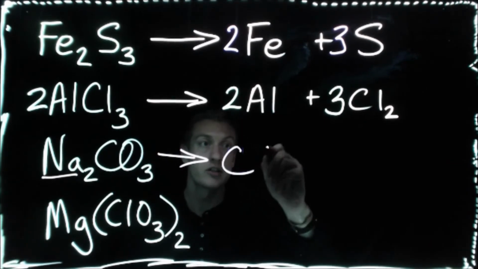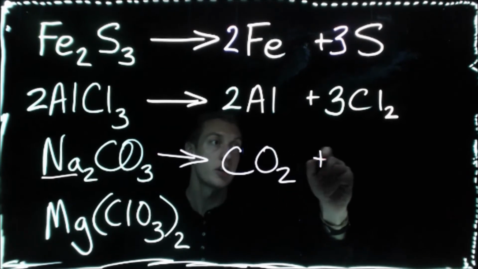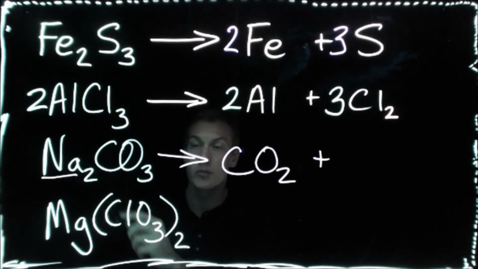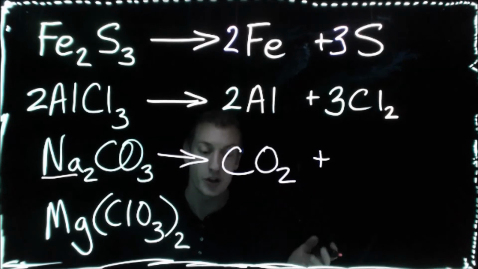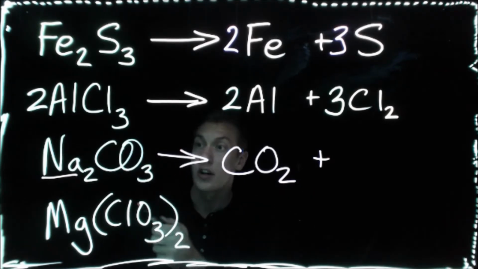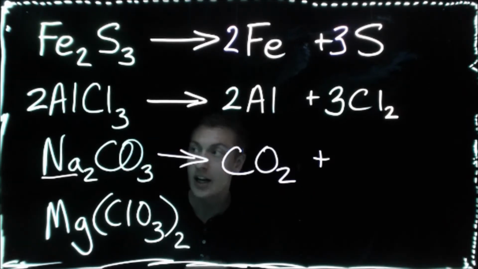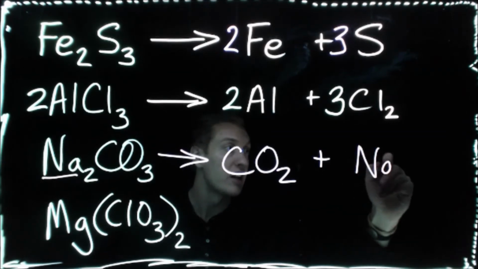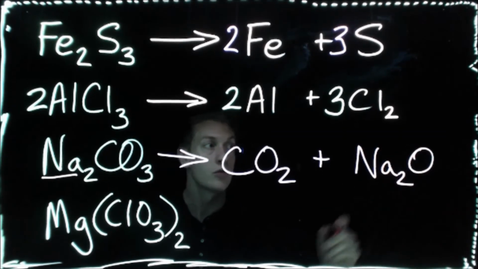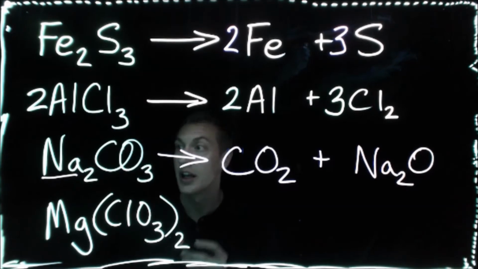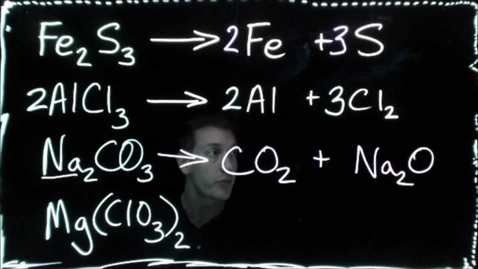It's going to make CO2 plus, and then sodium. So sodium forms a +1 ion. Oxygen forms a 2- ion. So it's going to be Na2O, sodium oxide. And lo and behold, that comes out balanced, so I don't have to do any balancing. It's already taken care of.